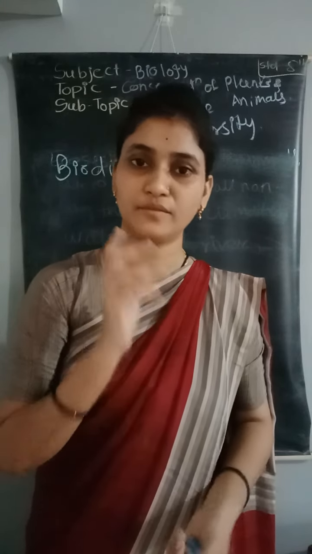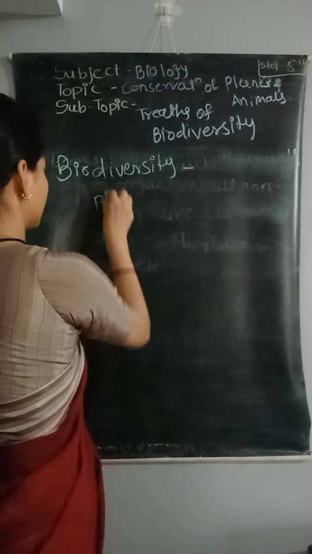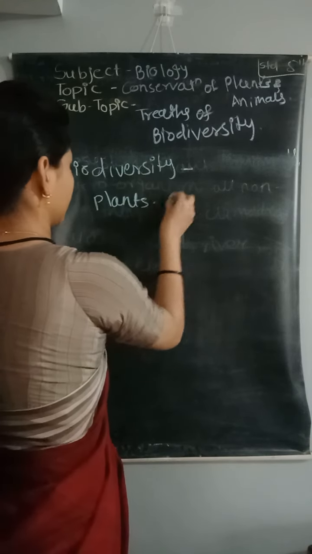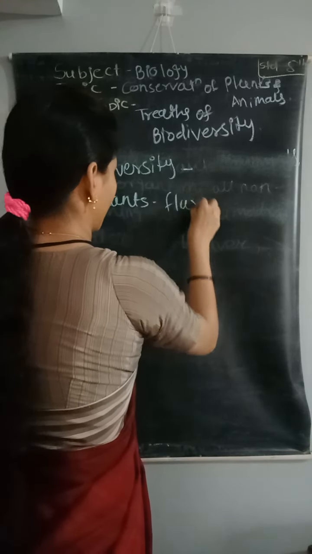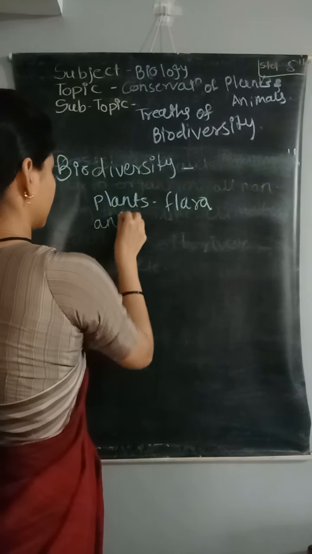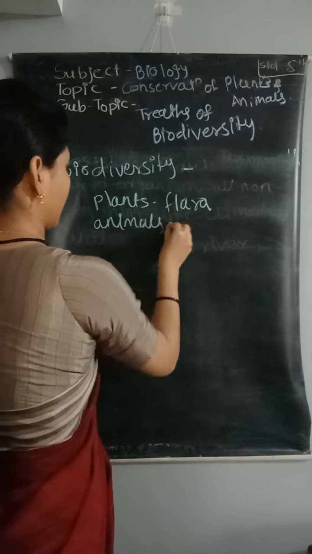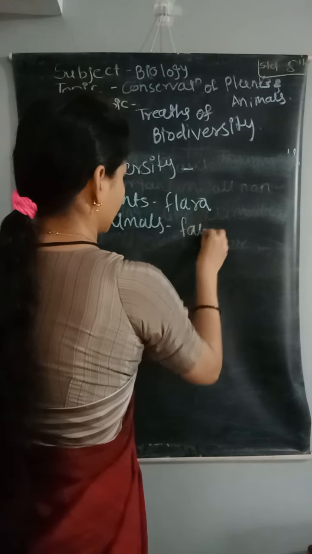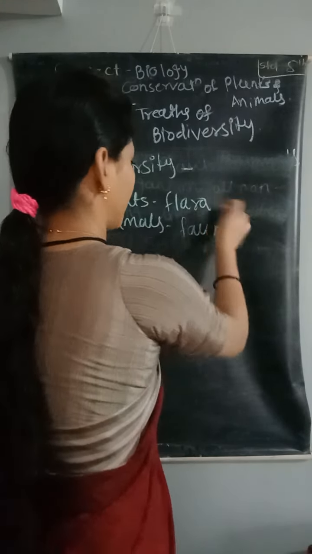So we can say that in a specific area, this is the ecosystem, and it has plants and animals. The plants of the specific ecosystem are the flora, and the animals are the fauna. Flora and fauna.